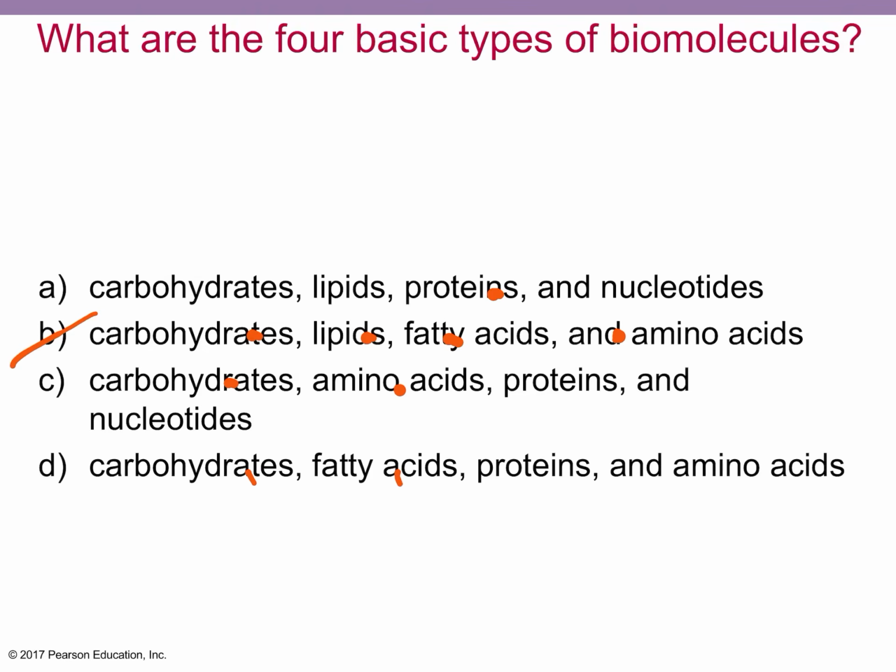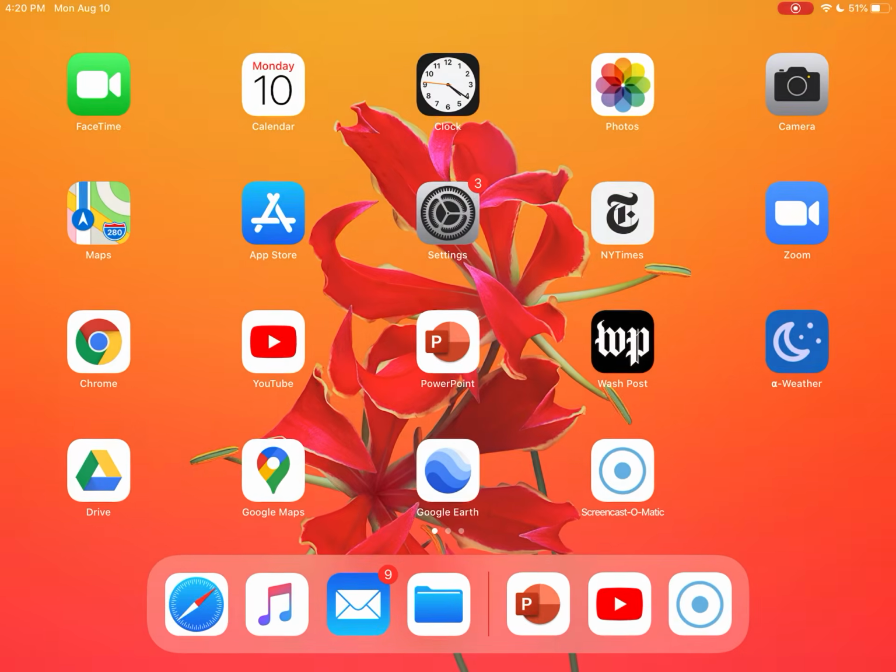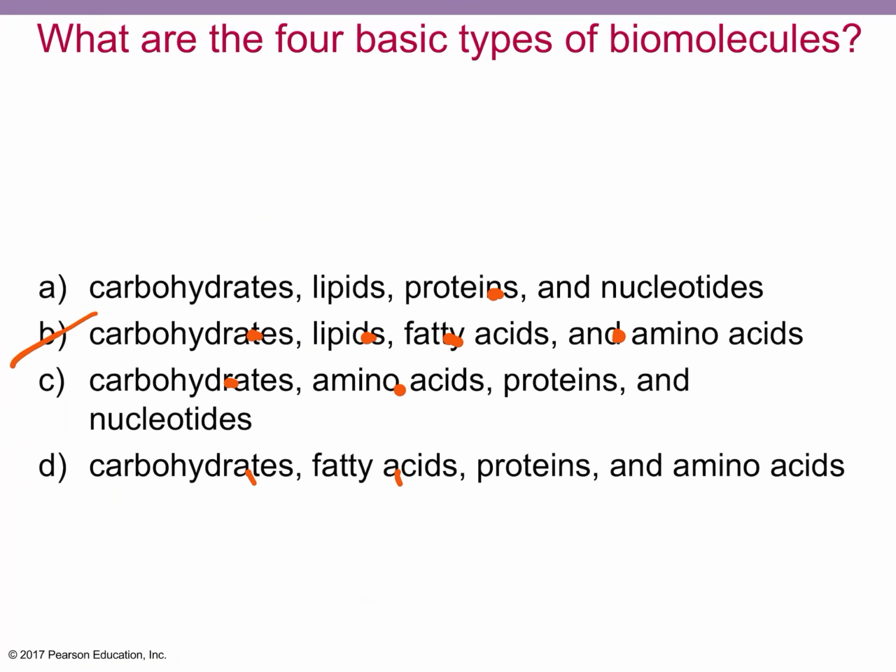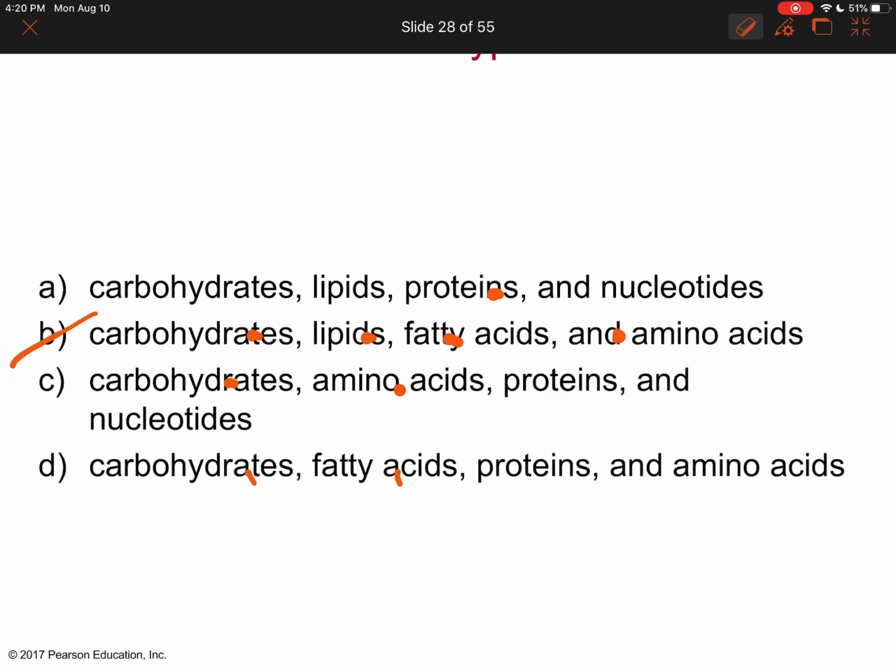If you look through them, carbohydrates, lipids, proteins, and nucleotides. So letter A is correct. When I was moving through this earlier, I thought that the word nucleotide should have been nucleic acid, so I thought it was the wrong answer. But in fact, your textbook does consider nucleotides one of the biomolecules. So letter A. All right, that concludes the first part of our lecture, and we'll move on to the second.